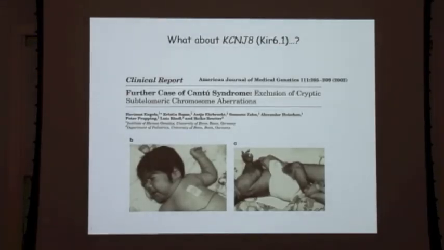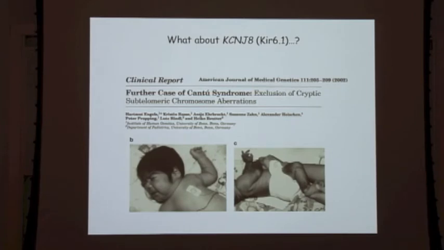I was careful to say that in that paper they looked at the effects of putting SUR2 with Kir6.2 to generate the channel. Now, mutations in Kir6.2, as I've said, cause neonatal diabetes, but they do not cause Cantu syndrome. And thus far, we see no overlap between the symptoms of neonatal diabetes, or DEND, the syndromic version of the disease with epilepsy and developmental delay, and Cantu syndrome.